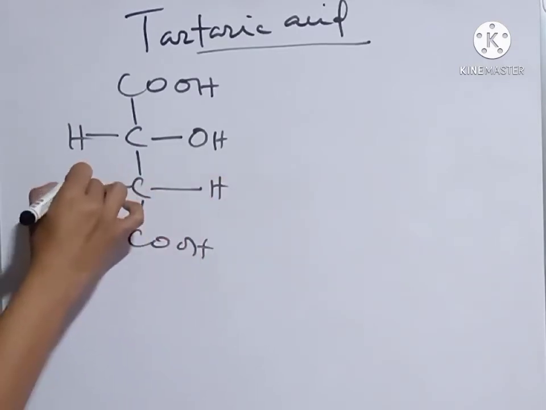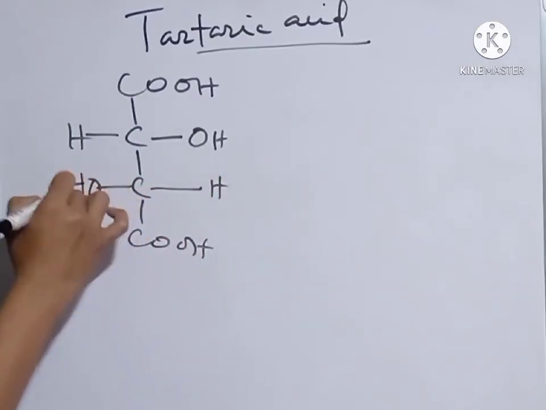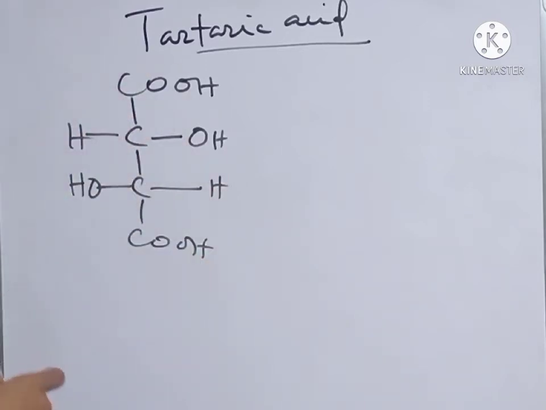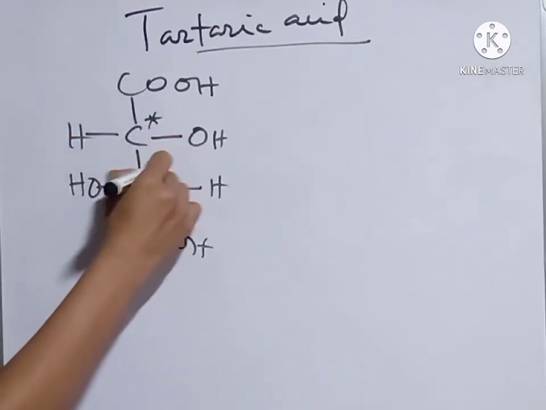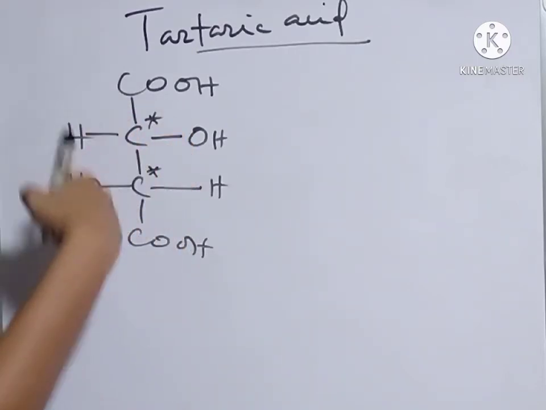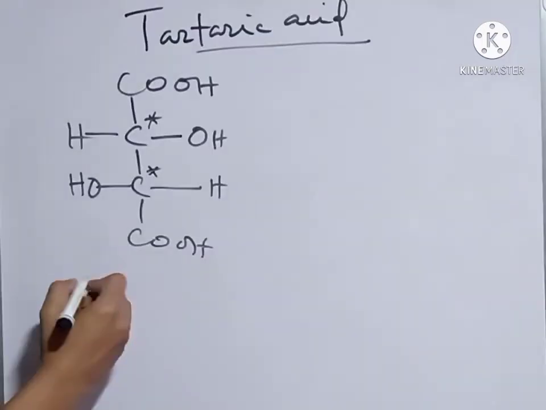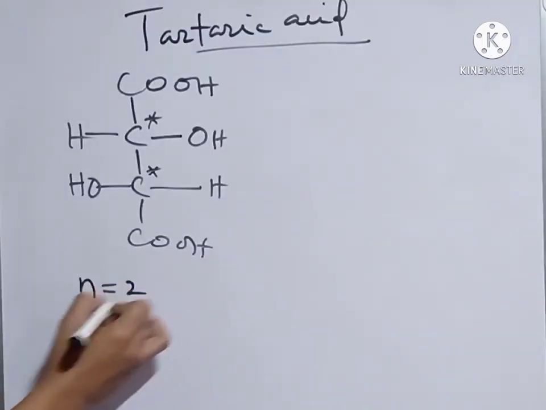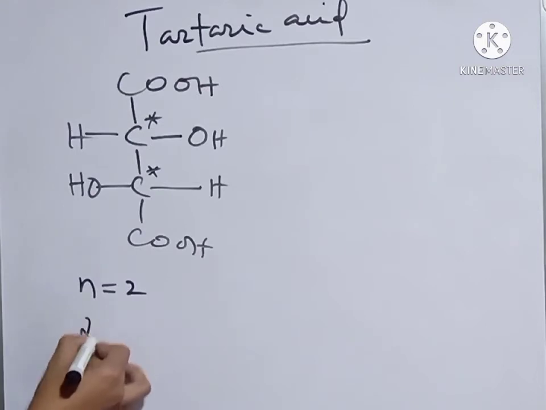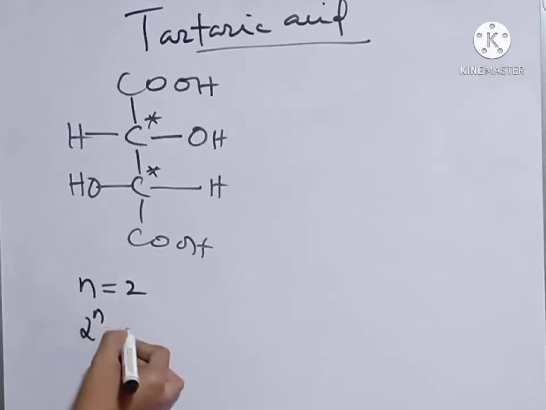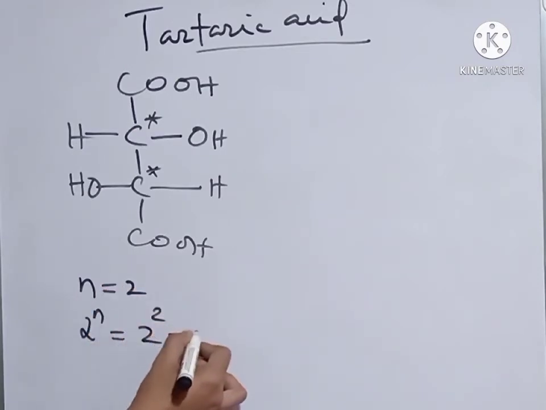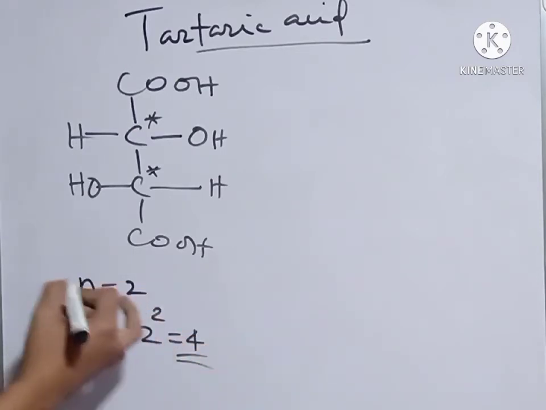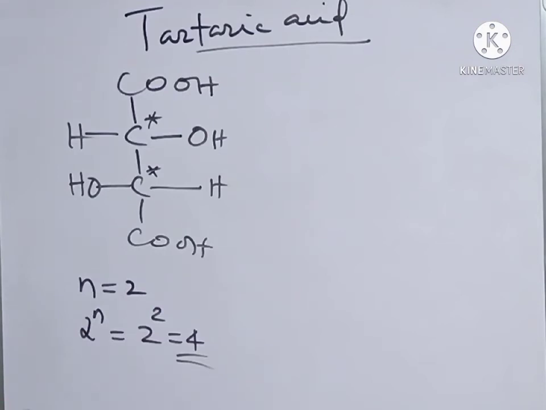So I'm going to write the structure of tartaric acid like this. Here the number of stereogenic centers is 2, that is n equal to 2. So the total number of stereoisomers is equal to 2 raised to n, that is 2 raised to 2 equal to 4. The number of stereoisomers is equal to 4.